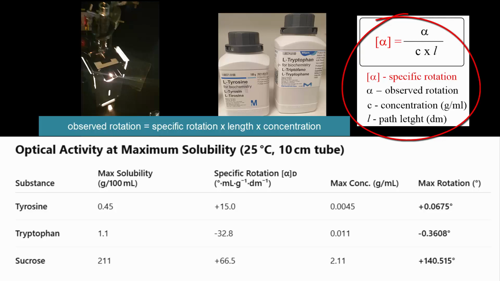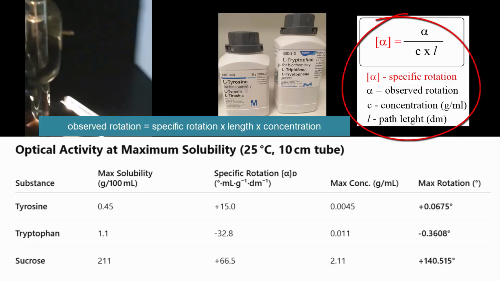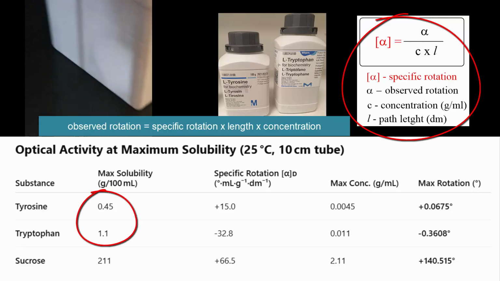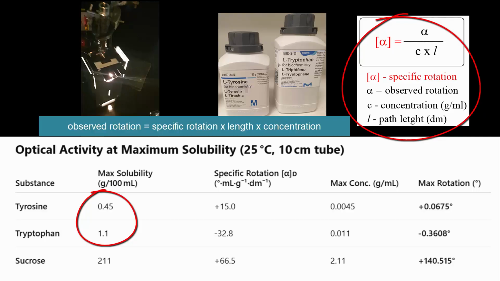So if A equals specific rotation times C times L, this A up here is what I'm observing, and then the concentration was a real issue. Because these two are not very soluble, given the max concentrations over here, I wasn't going to get any significant rotation.